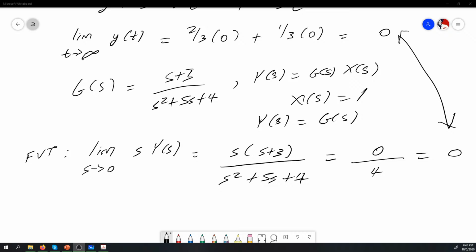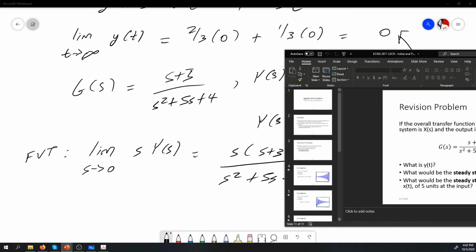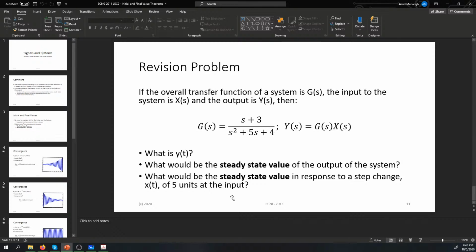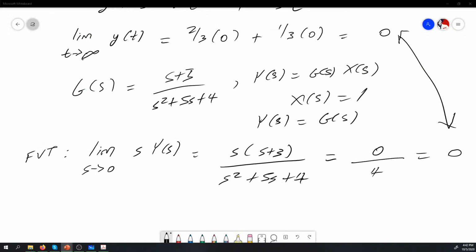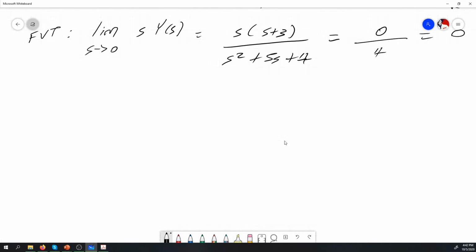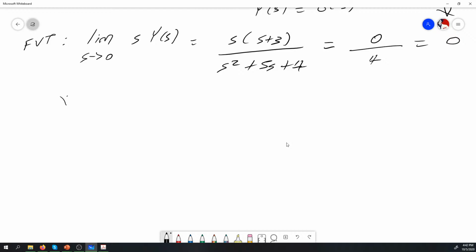And for the last part of the question, we're asking what is going to be the steady state value in response to a step change x of t of 5 units at the input. So for that part of the question in particular, we're basically going to be saying here is that x of t here is 5 for t more than or equal to 0.